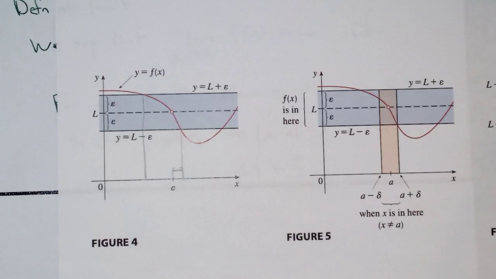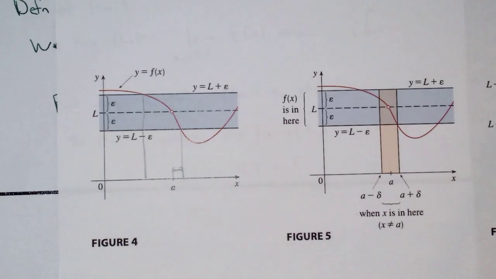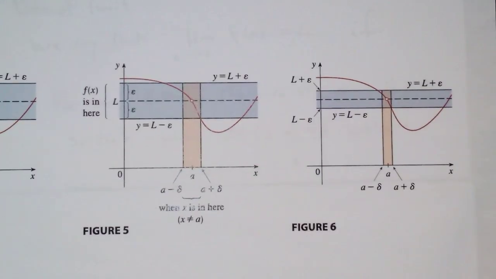If you change epsilon, I still have to be able to do this. If you make it smaller, my delta is going to get small. If you make it bigger, my delta probably will get bigger. But I need to be able to do this every single time. Questions?